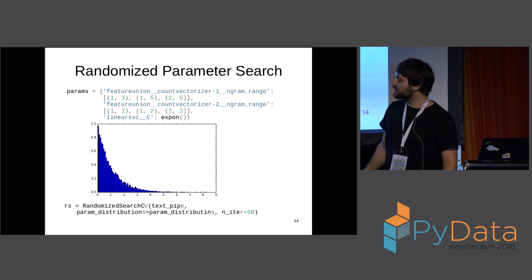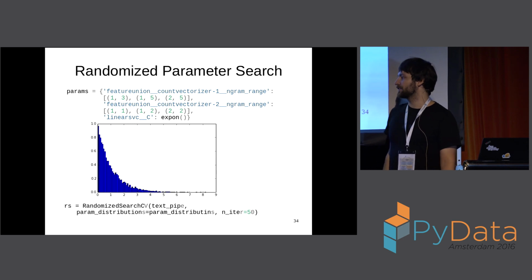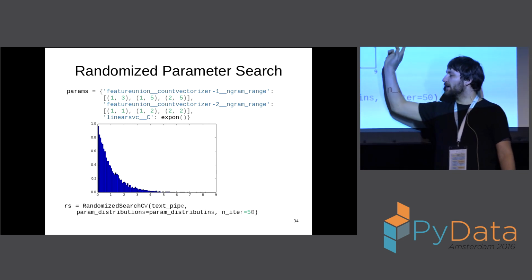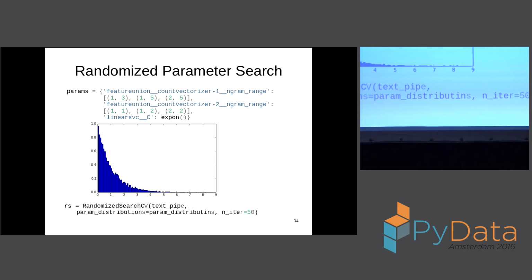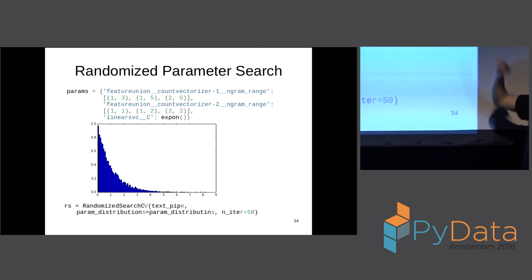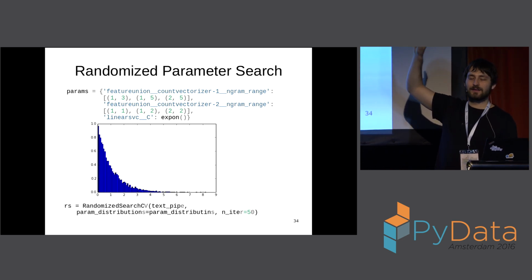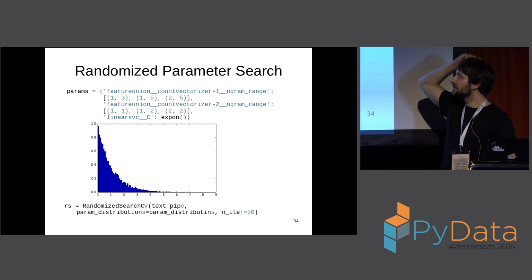And the way you use it is exactly the same as grid search CV, just called randomized search CV. I give it a pipeline for my text data, and I give it the parameter distributions. So it can either be lists if I have discrete parameters, or I give it distributions. This expon is from scipy.stats.